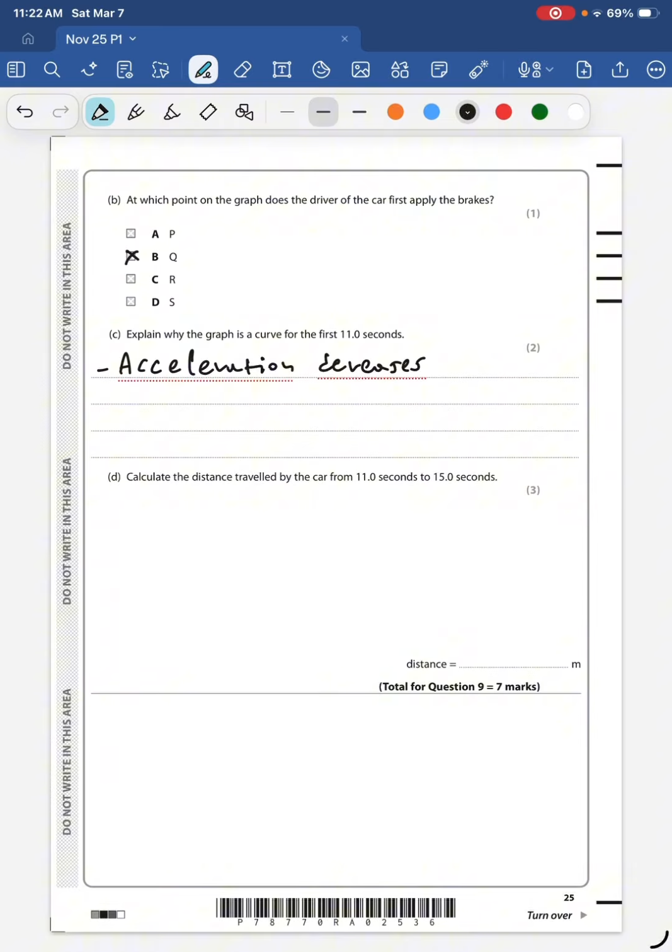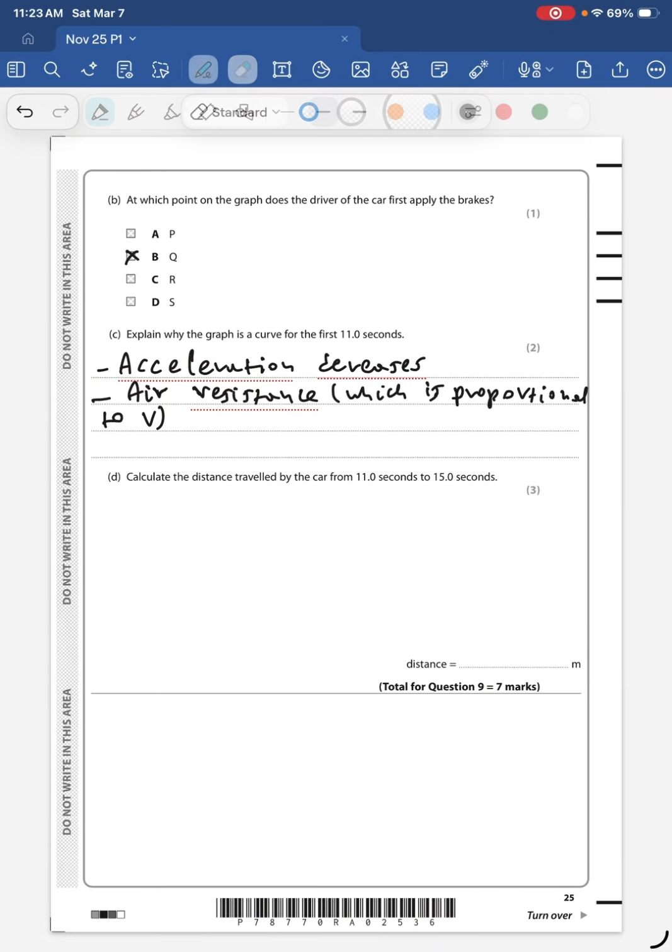Also, air resistance, which is proportional to v, increases, and the resultant force decreases.